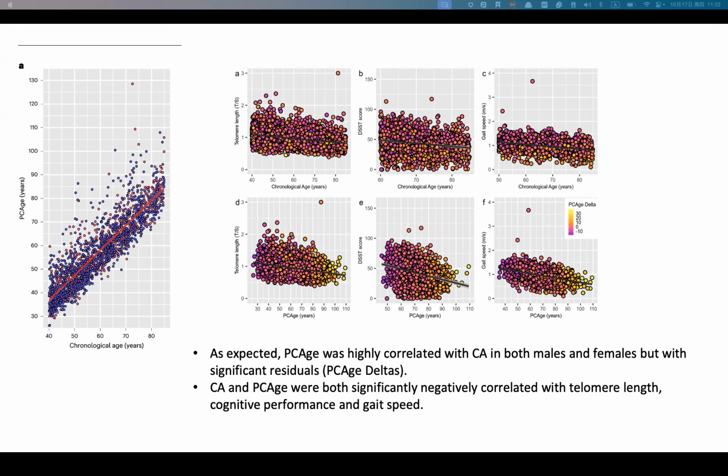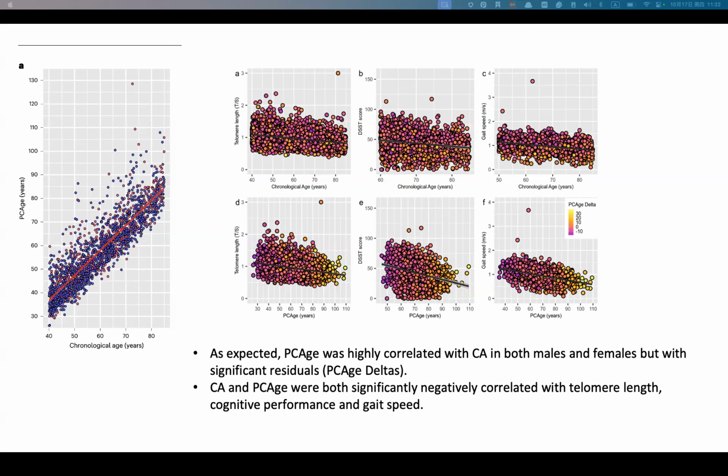You can see the picture on the left. The X is the CA and the Y is the PC age. It has a very high correlation.